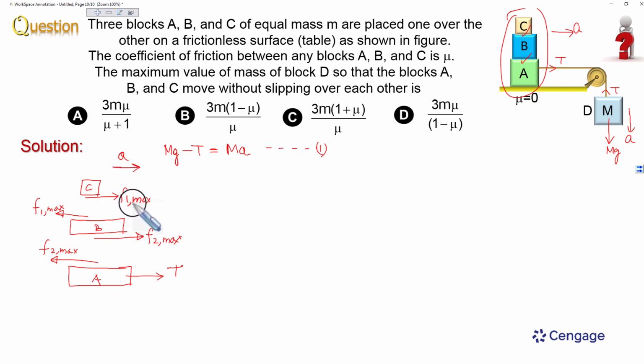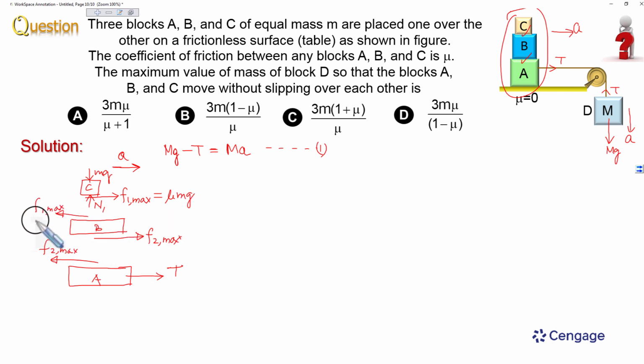Now let us consider the maximum possible value of the friction force, limiting friction. Limiting friction force should be equal to mu multiplied by N. So let us write N1, and we know this N1 is equal to small mg, because there is no motion of the block in the upward direction. So this value should be equal to mu multiplied by small mg.